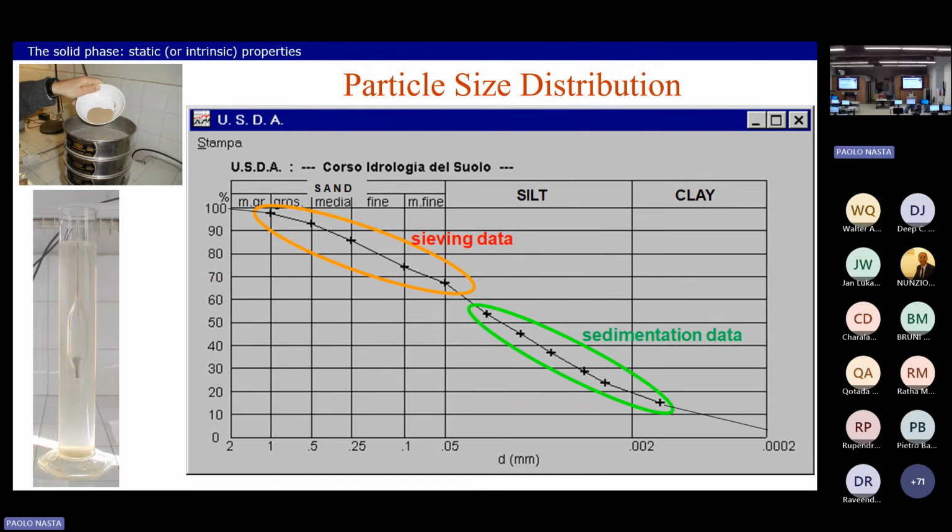And in our lab specifically, we combine two methods, the sedimentation method to estimate mostly the silt and clay particles, combined with the sieving method to estimate the most important classes of sand that range between the fine sand and the coarse sand. And so you can see the measurement points. Usually in our lab, we estimate 11 points that can be fitted, optimized by a particle size distribution equation.